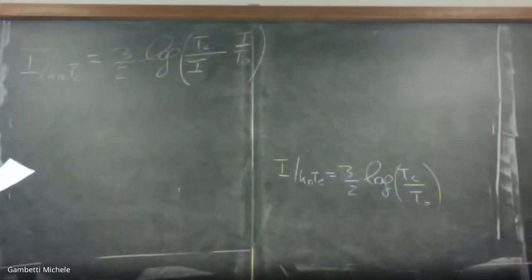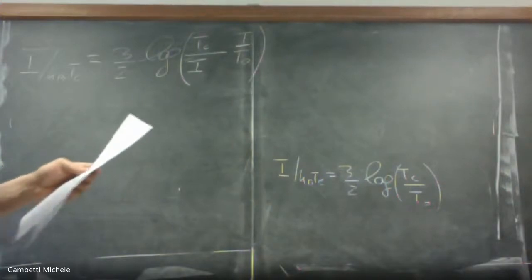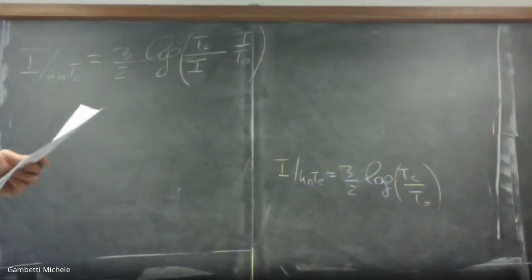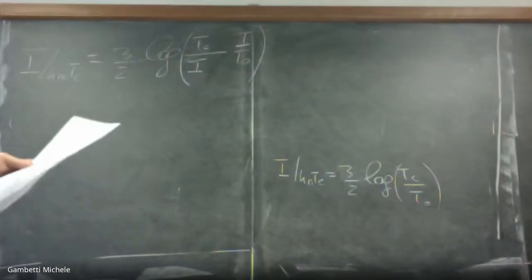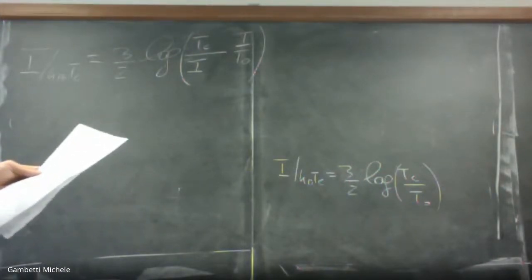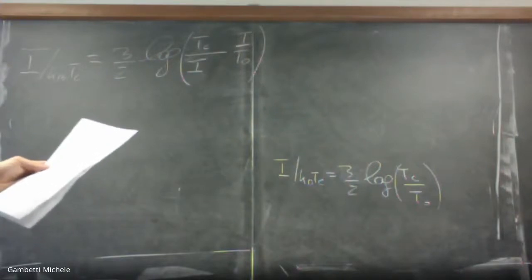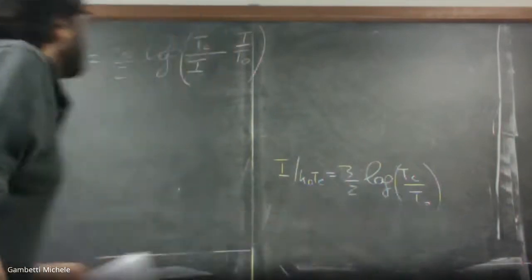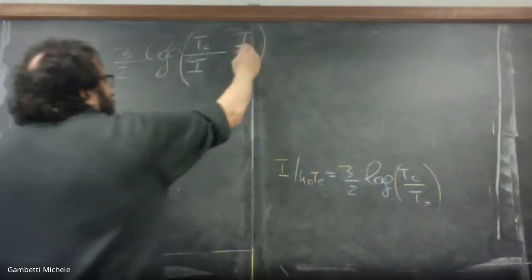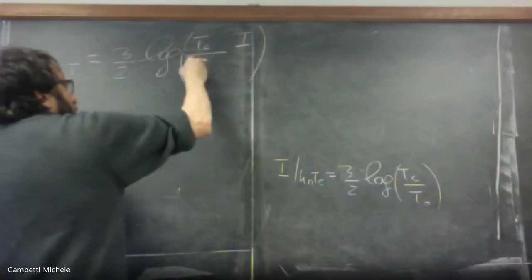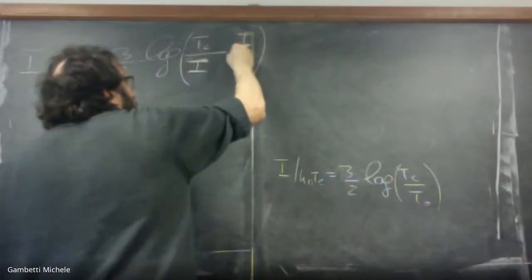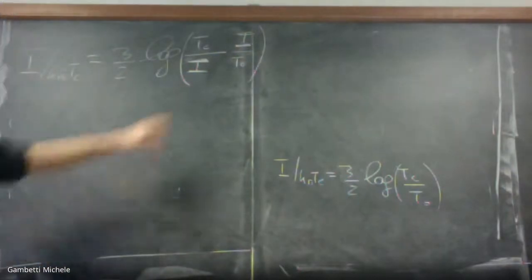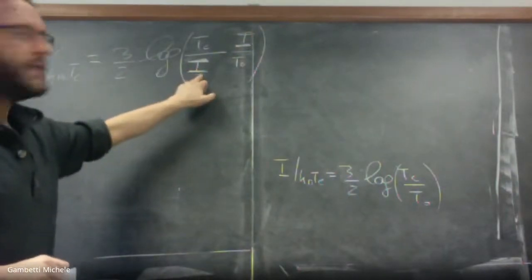Let's see what I have combined here. Tc divided by T0, and let me write it in a better way, otherwise we can get confused. It is the ionization energy divided by T0, so I multiply and divide by the ionization energy.